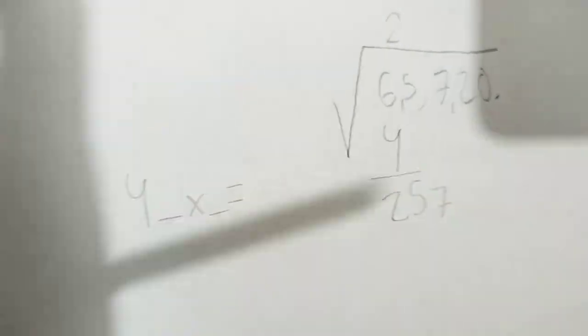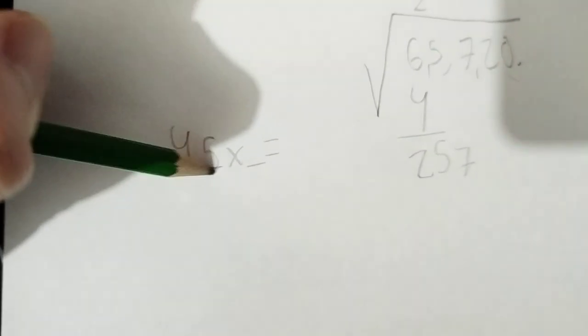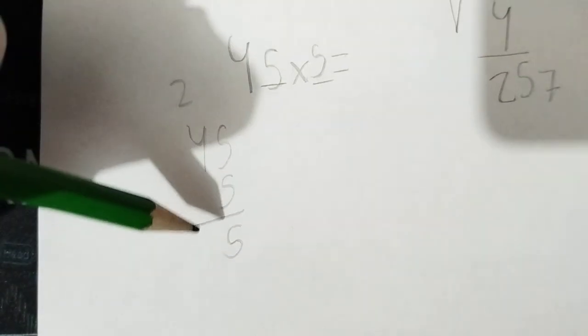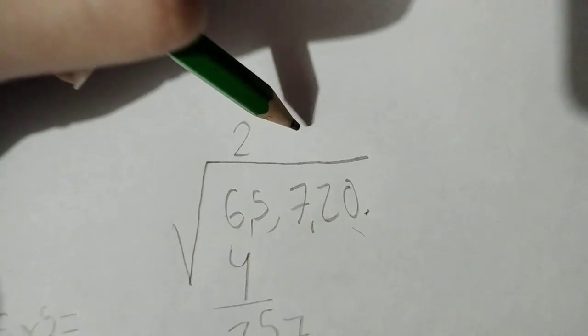So 4, 8, 12, 16, 20. Let's say the digit is 5. Here we have 25, 5, 15, 20, 22. Seems fair enough. I'll put this here.